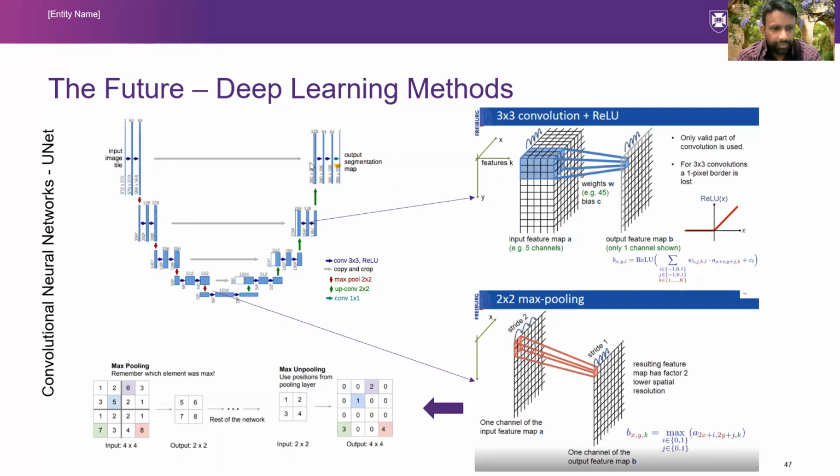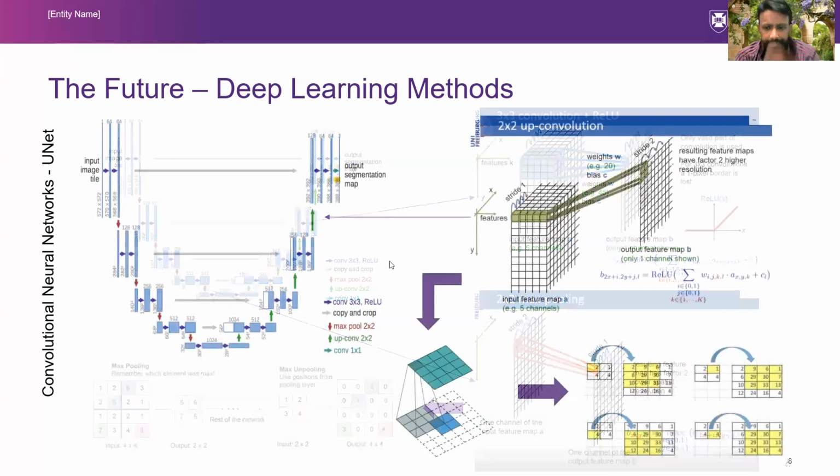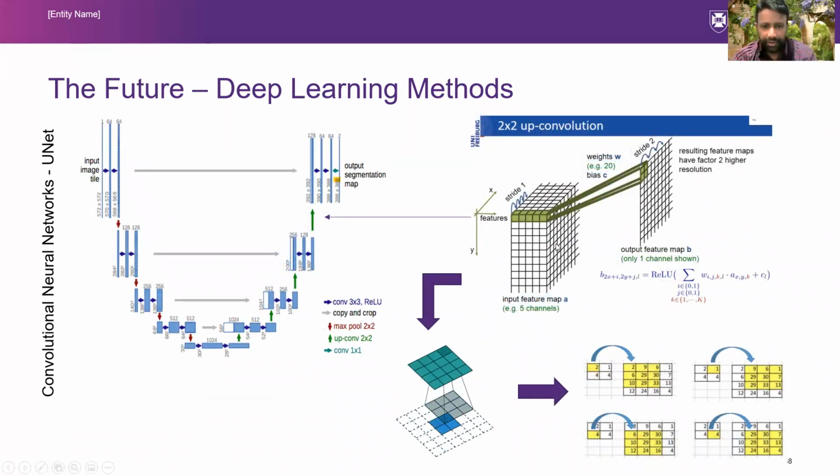Now, do we really need to do this downsampling and upsampling business? If I go back to that, this is just showing how the up convolution works, but really we use it to increase our resolution and try to recover what's been lost. It doesn't work very well for 3D data.